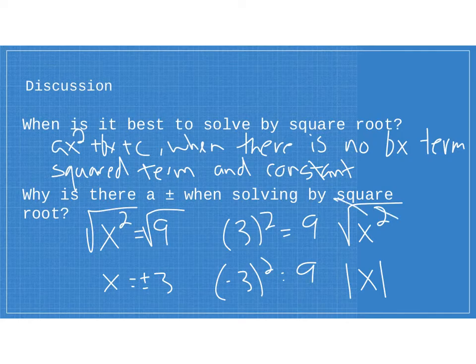And so this x was positive because we squared it, which means we need to ensure that it's still positive here. So when we go 9 and we square root it, we get 3. And then when you are solving with an absolute value, the way you do that is you go x equals plus or minus 3. And so that's why we get the plus or minus when we are solving.